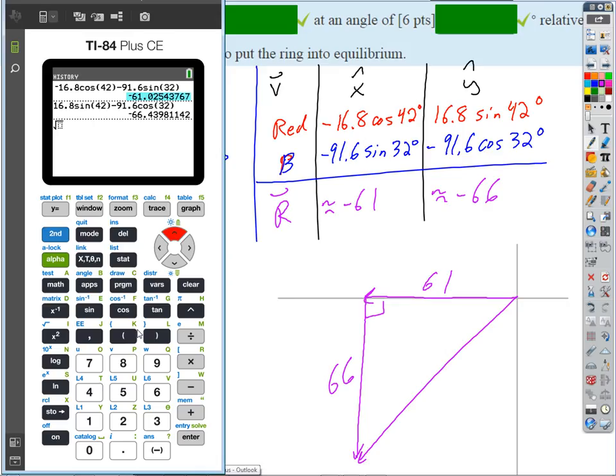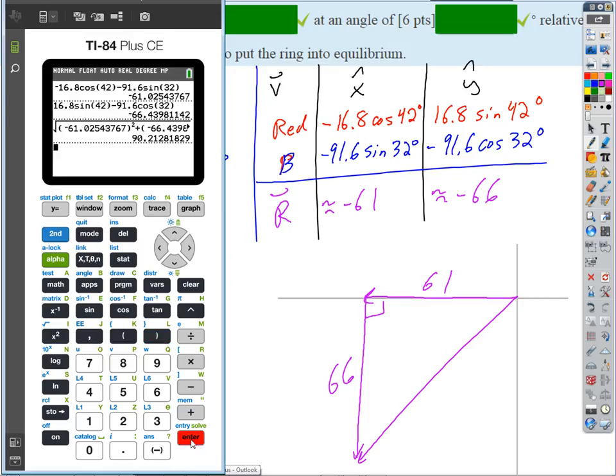Either I have to enclose it in parentheses first or absolute value. I'll put it in parentheses. So I've got the square root of that number. Because it's negative, I put it in parentheses before I square it, plus that number in parentheses squared.